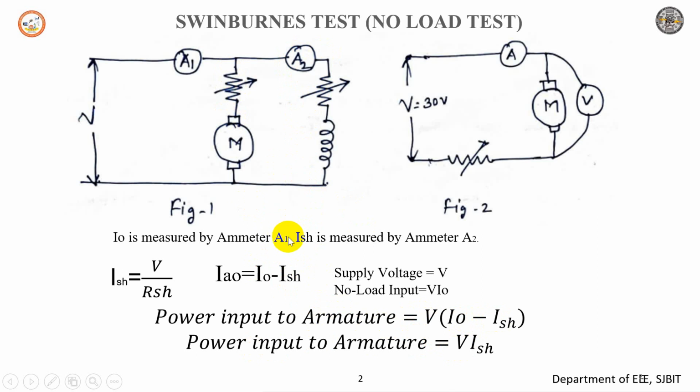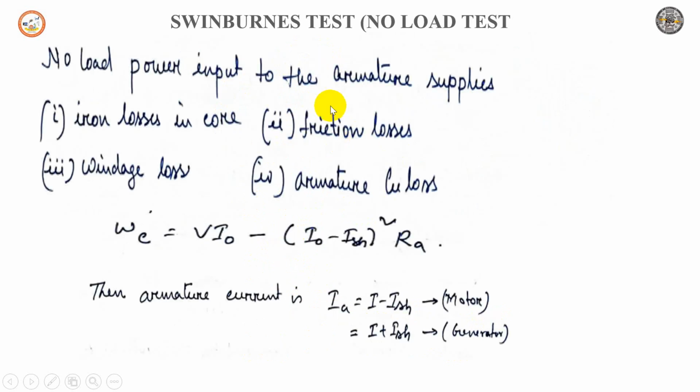Now the no load power input to the armature supplies all the losses, that is iron losses, windage losses, friction losses, and armature copper losses. Therefore, the constant losses are calculated as power input minus the armature copper losses. The armature current Ia is given as I minus ISH for a motor and I plus ISH for a generator.